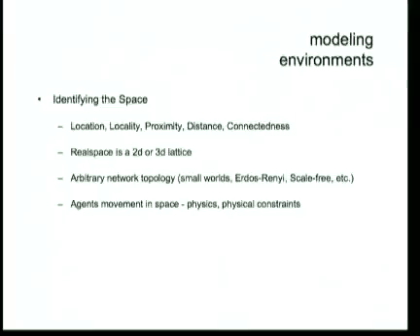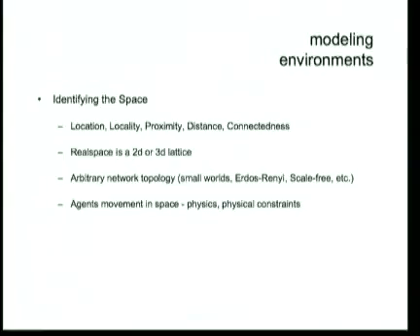Real space, of course, is typically a two-dimensional or three-dimensional lattice, where there's a concept of distance. But there are other possibilities, or even in the same simulation, you could also have arbitrary network topologies. You could have moving agents that also have cell phone communication. They're connected through towers, so there could be another graph associated with the environment that has some sort of arbitrary network topology.